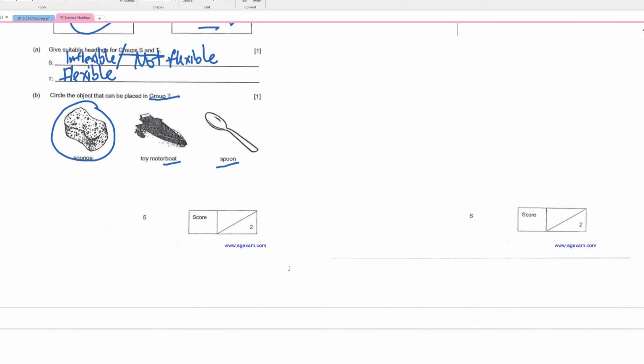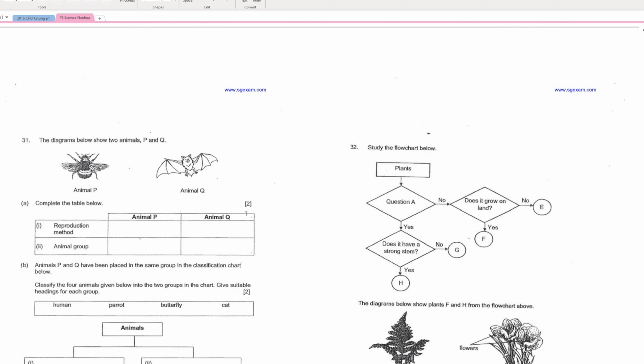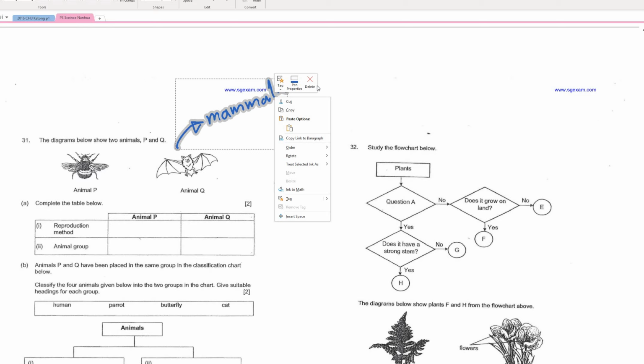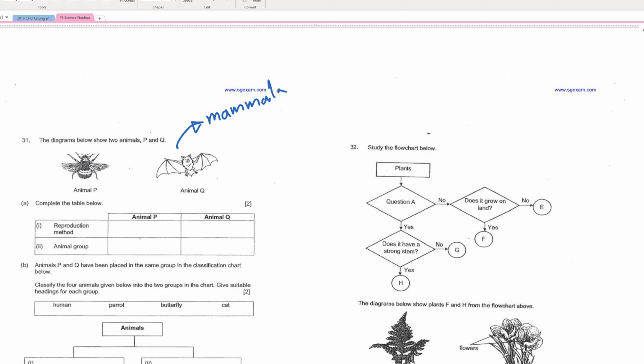Next, question 31. The diagram below shows two animals, animal P and animal Q. If you remember what I told you, bats are actually a special kind of mammal. They are not birds. Mammals. Complete the table below.